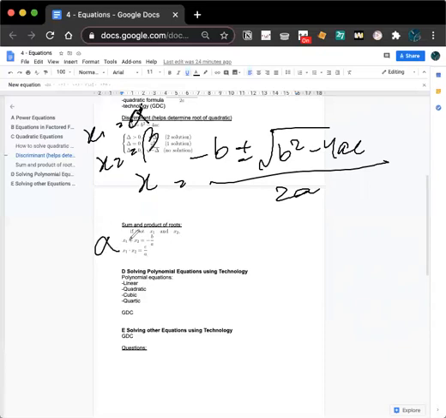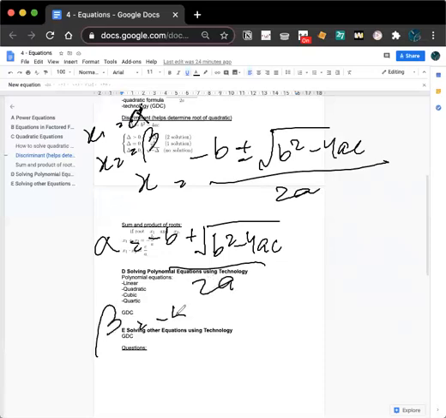Alpha would be minus b plus the square root of b squared minus 4ac over 2a, and then beta would be minus b minus the square root of b squared minus 4ac over 2a.